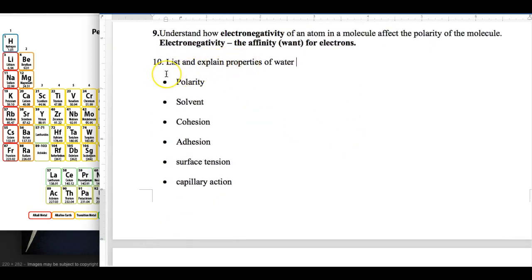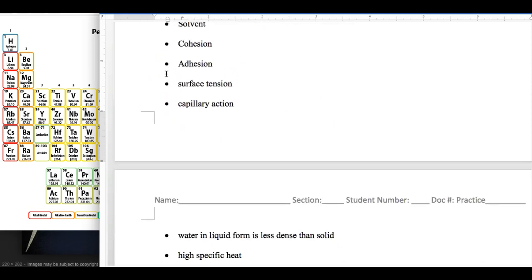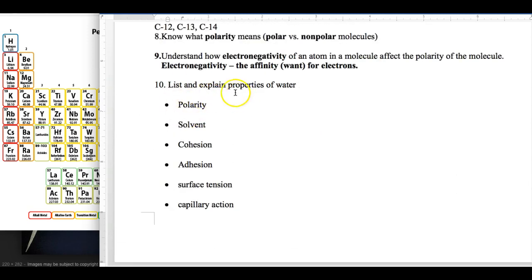Properties of water. Basically, the most important thing is, as we talked about in class, water is polar. So this is one water molecule, right? Because when we're talking about polar versus nonpolar, we're only talking about one molecule. This is a common misconception that some students have. Water can form hydrogen bond.